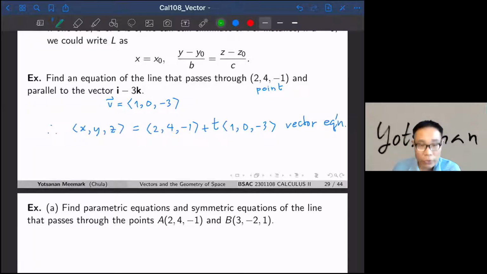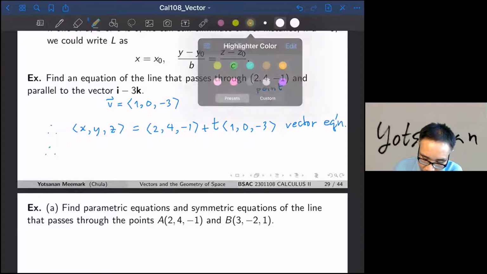If I'd like you to find the parametric equations, you just give me x, y, and z.